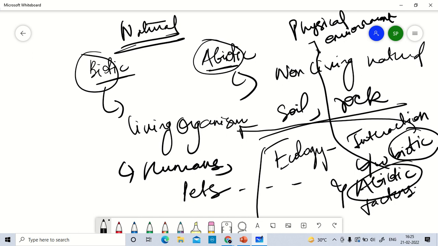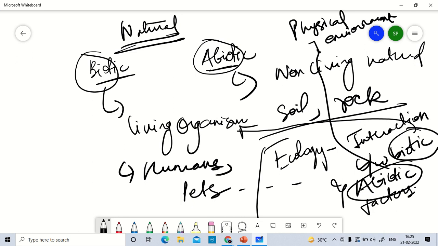Now ecology is basically concerned with four levels of biological organization: organism, population, community, and biome. In this chapter we explore ecology at organismic and population levels. Now comes organism and its environment.